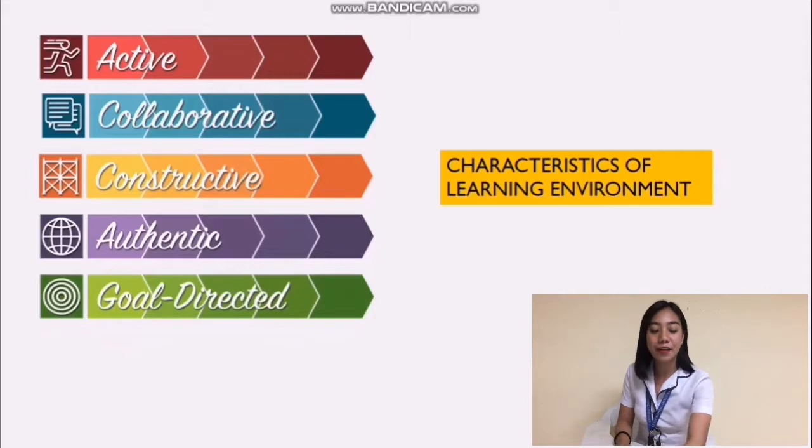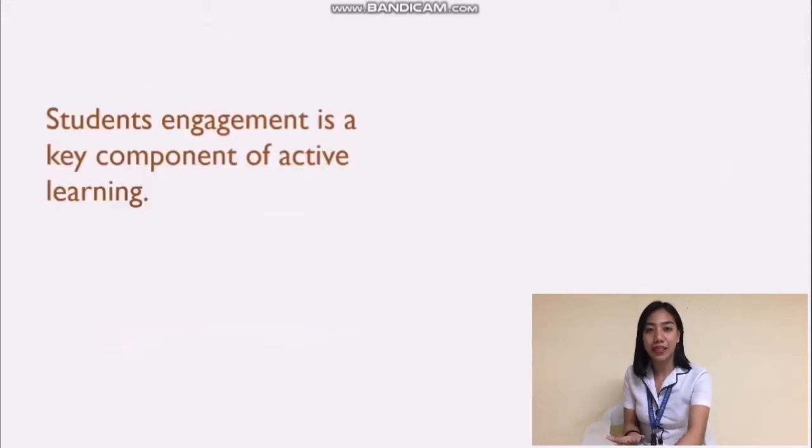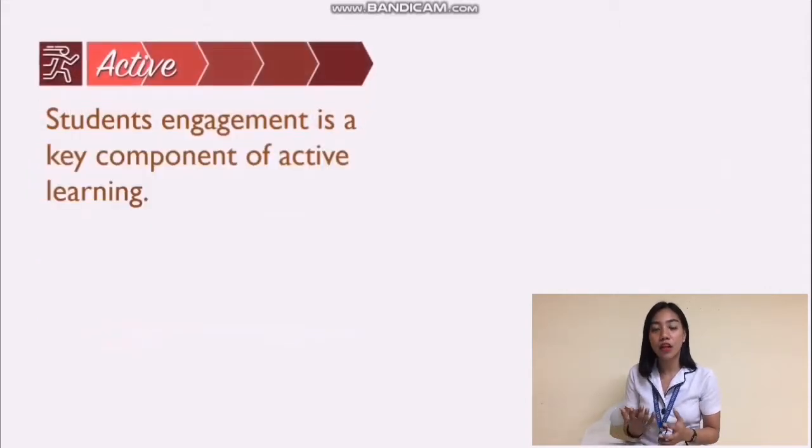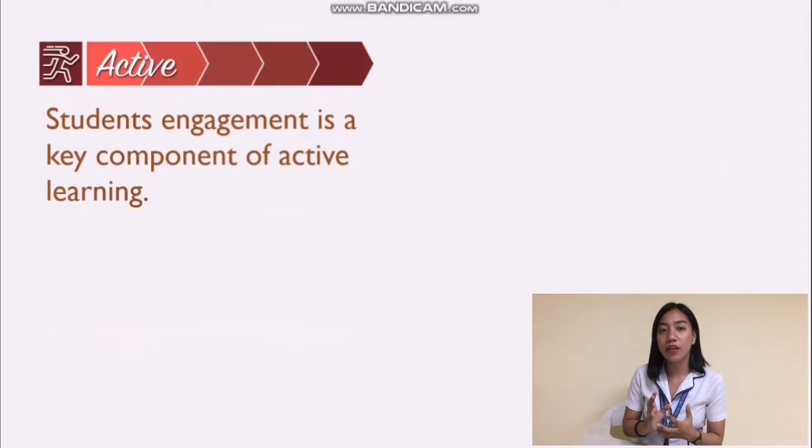Firstly is the active learning. Now the active learning is a learning environment where the students should engage, because this is the key component of active learning. So there is no active learning when there is no student engagement.